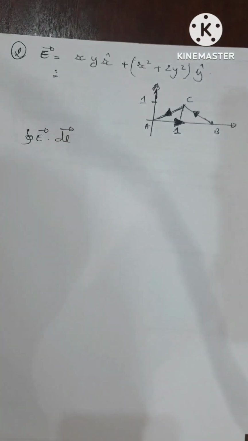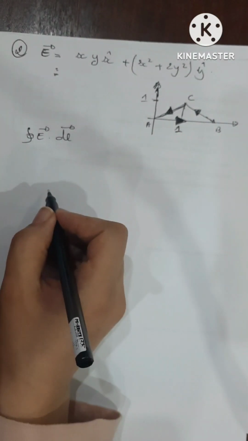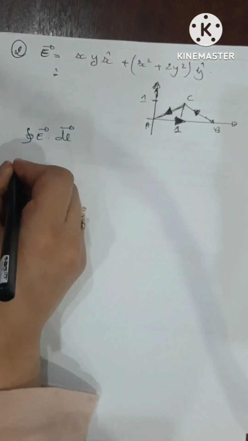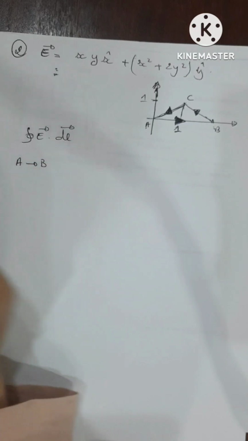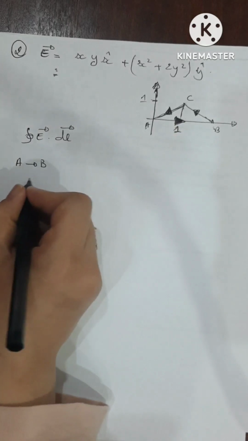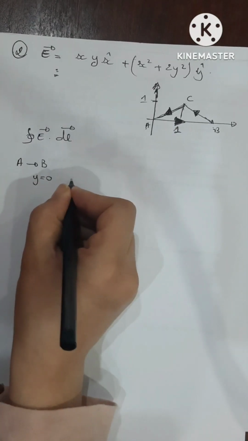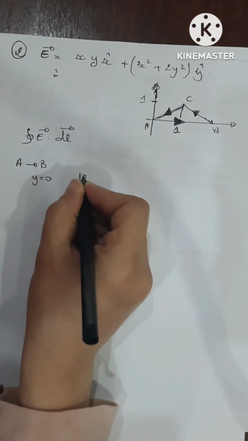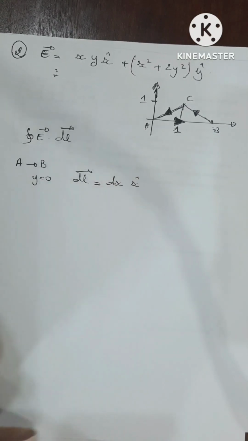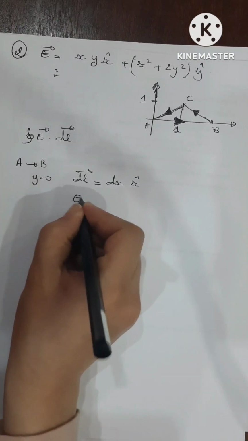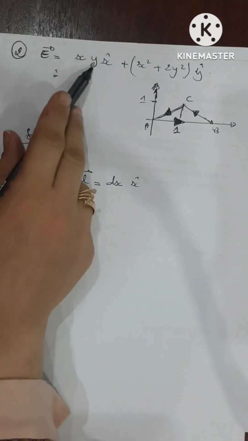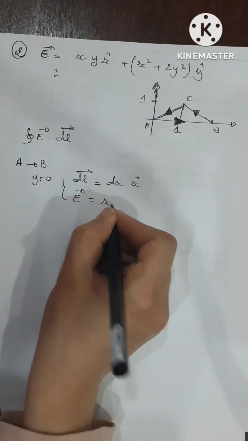Okay, so we have to find it from A to B, B to C, C to A. From A to B, we have y equals 0, and dl is dx in the direction of x, and now E is 0 in the direction of x, x squared in the direction of y.